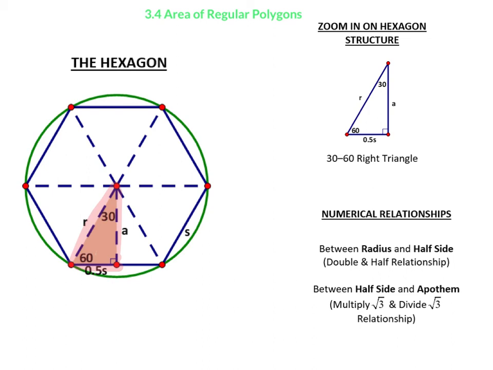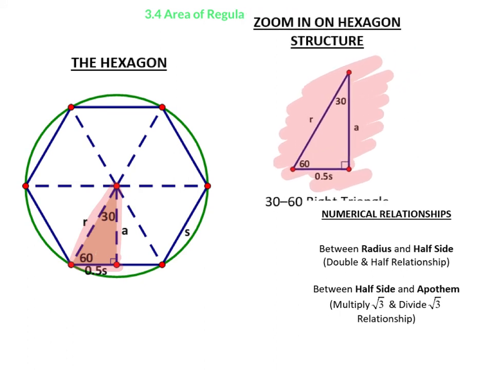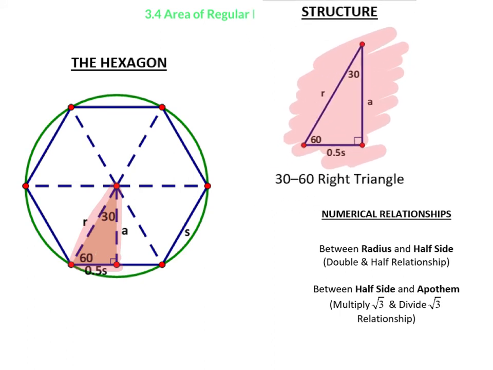I do want you to notice that it is in an upright position, whereas the equilateral was laying a little bit differently. So in this case, the relationship has this look about it, which ultimately designates some of these relationships a little bit differently. This is the root 3 relationship between the apothem and the half side, and the double and half relationship go this way.